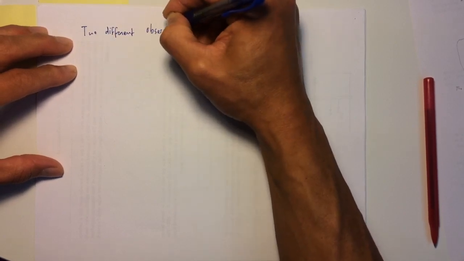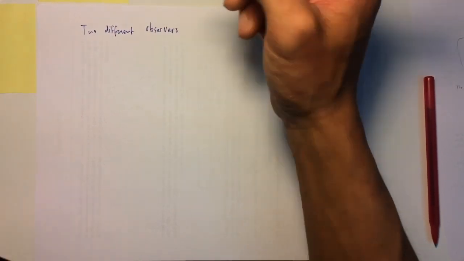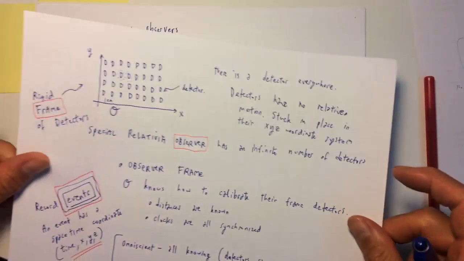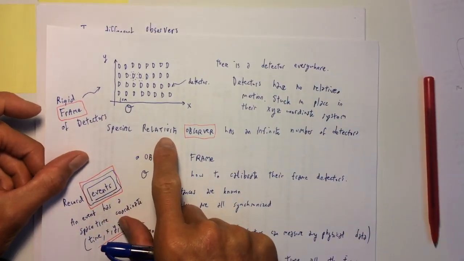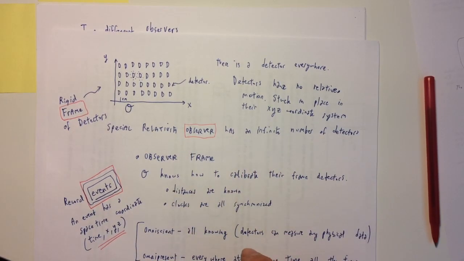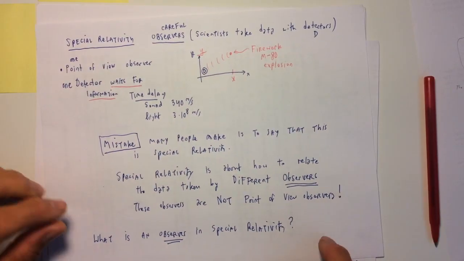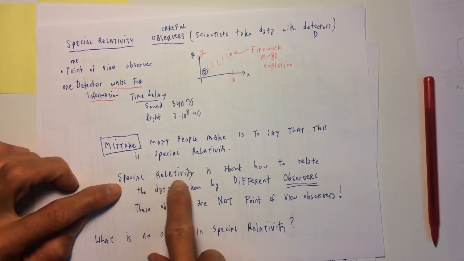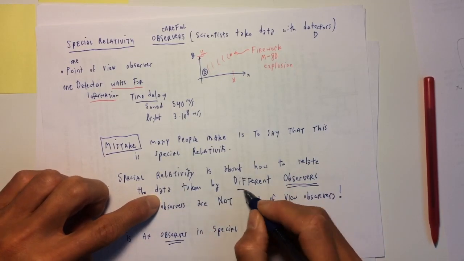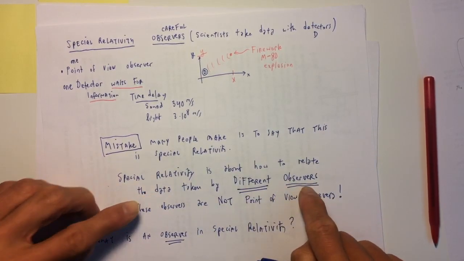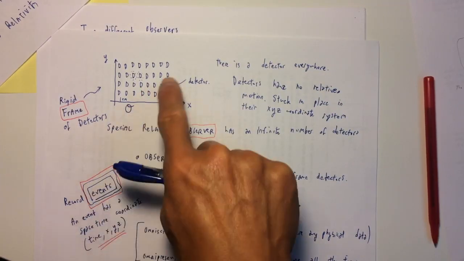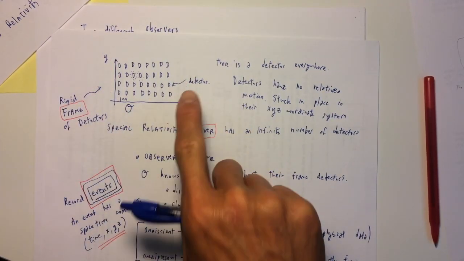Two different observers. In special relativity, an observer has an infinite number of detectors, and special relativity is about how to relate data taken by different observers. And the observers are these infinite detector observers. This is one observer frame.